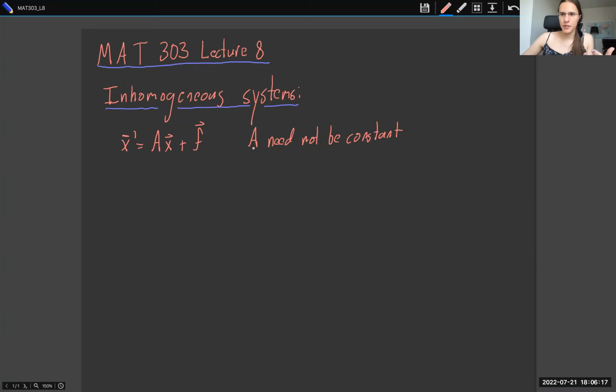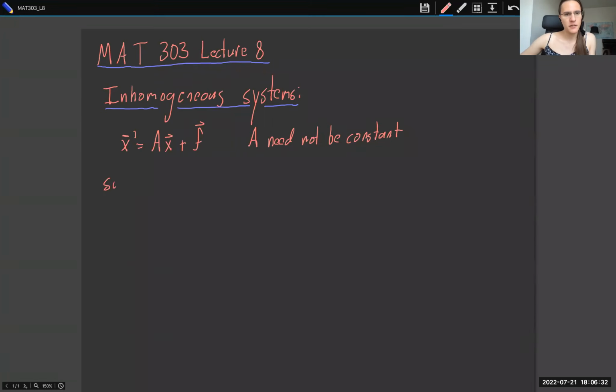Where constant coefficients are going to come in is that in the constant coefficient case, we're actually going to be able to solve the homogeneous system necessary to do variation of parameters. Right. So we start off by solving the homogeneous system.